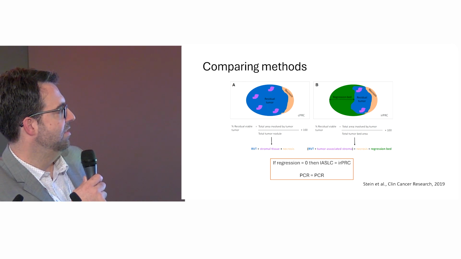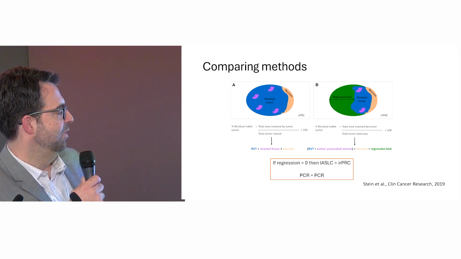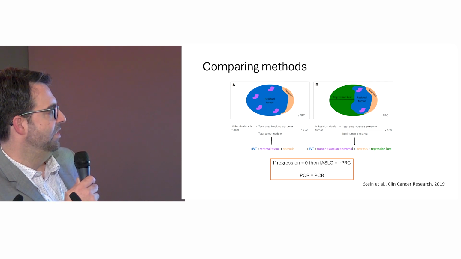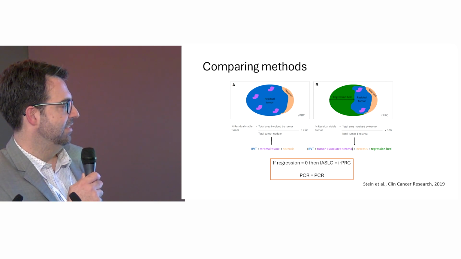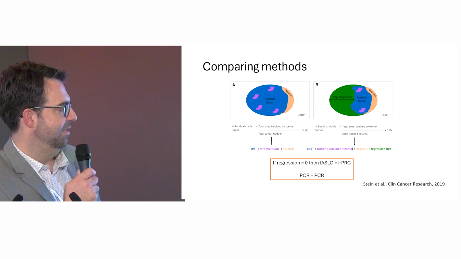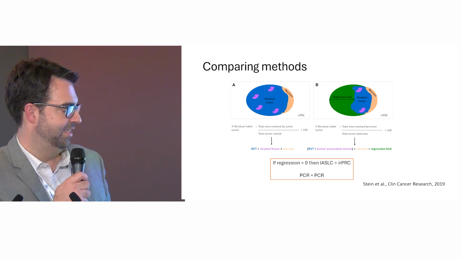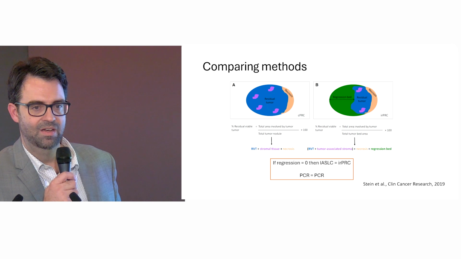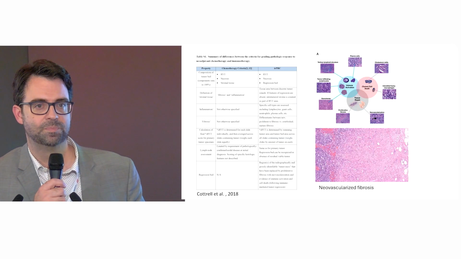And then if you compare it to my colleague's formula, it's a very similar formula, except they add the regression bed. And if the regression bed is 0, then the IASLC actually comes out to the same, the immune response score. The other score, PCR, is never going to change from one method to the other. It's just the other scores that are going to differ.